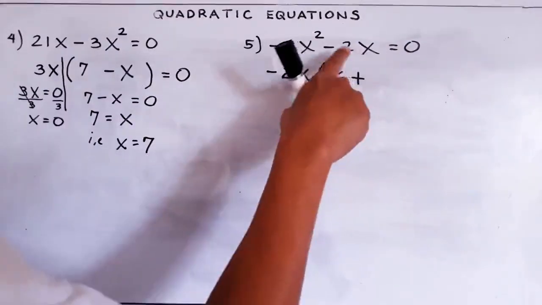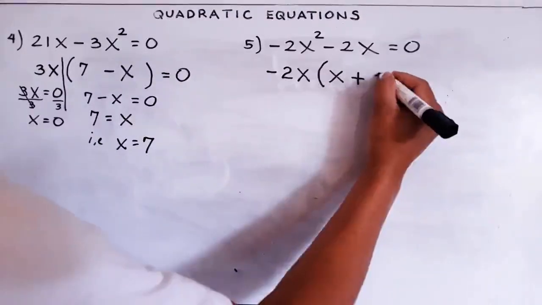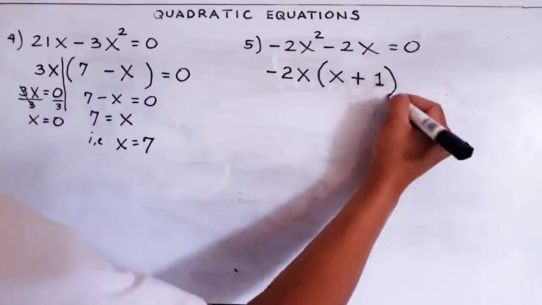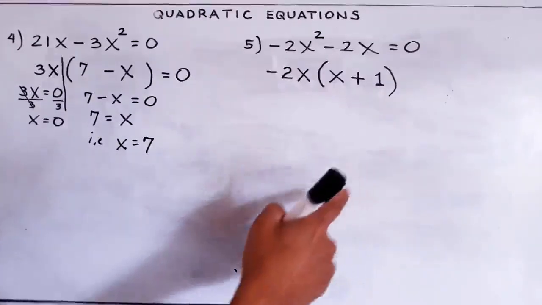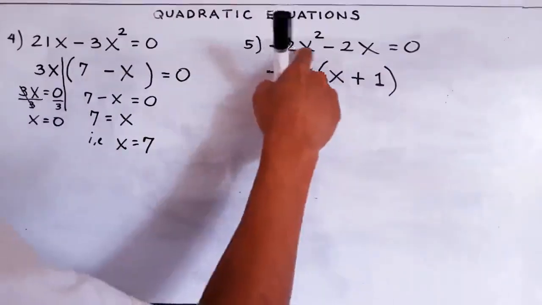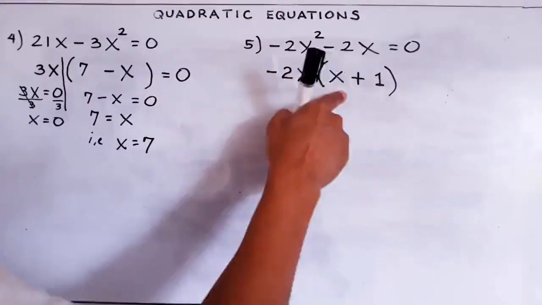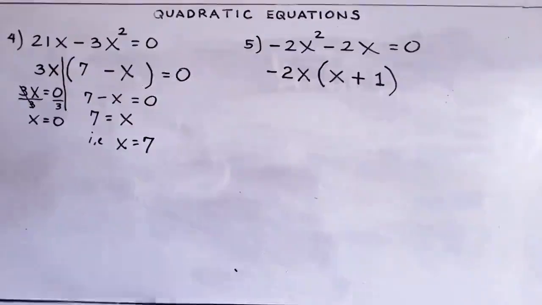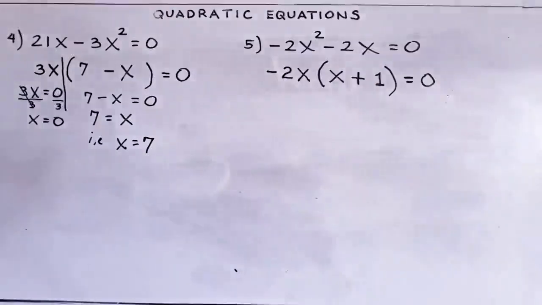Now when we divide 2x by 2x, of course, that's what I'm telling you. Don't tell me that you're not going to put any other 1. There should be 1 there because we have a binomial here, and the answer inside the bracket must also be a binomial. Is equal to 0.